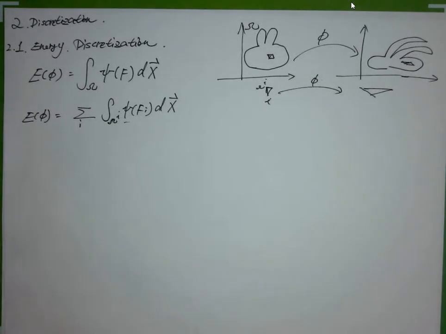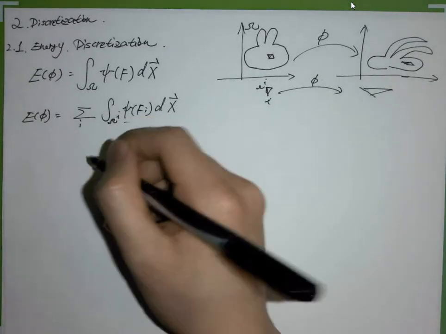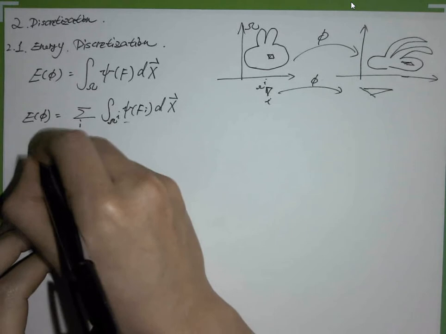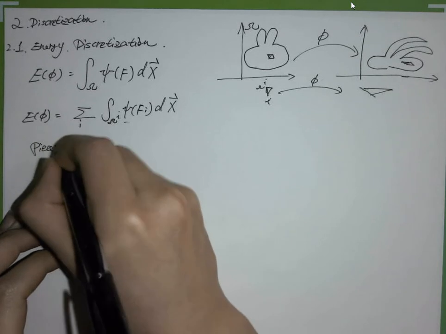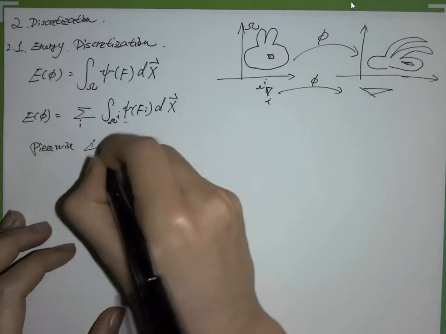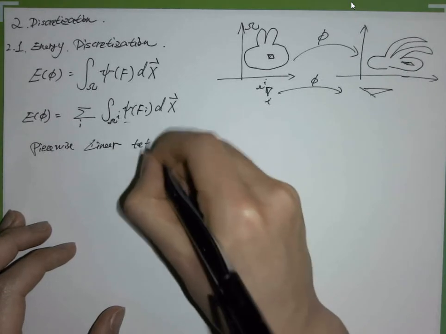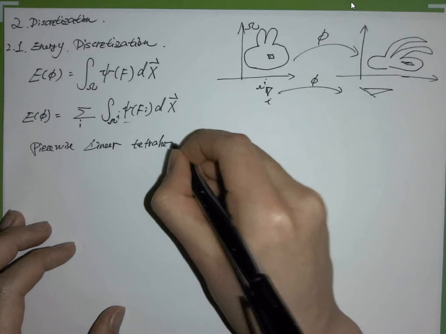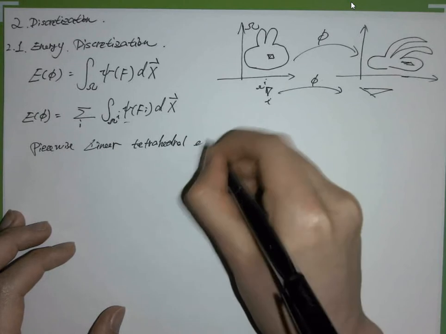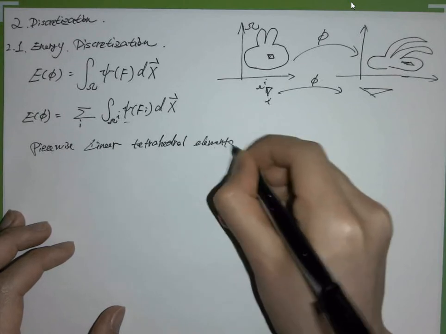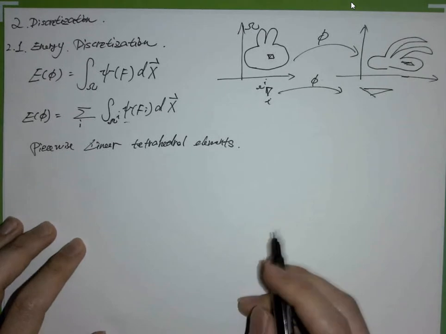So let's have another assumption, which is piecewise linear tetrahedral elements. What is that assumption?